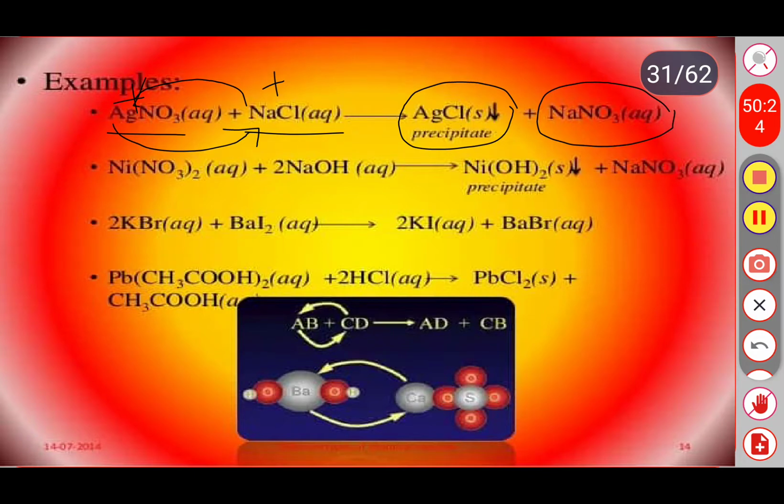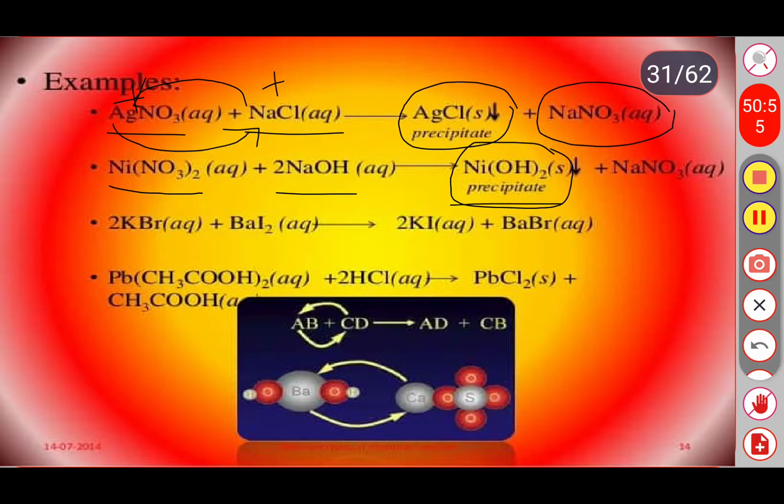nickel nitrate. When it is combined with sodium hydroxide, it forms nickel hydroxide and sodium nitrate. Nickel hydroxide is usually in the form of a precipitate. Next one, potassium bromide. When potassium bromide is combined with barium iodide, what does it form?